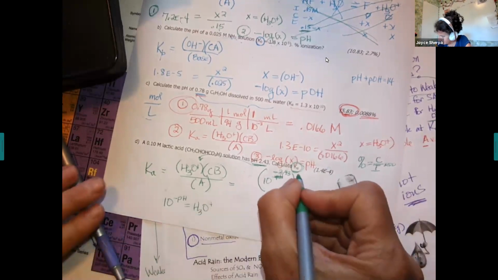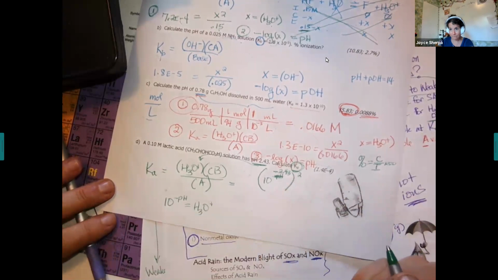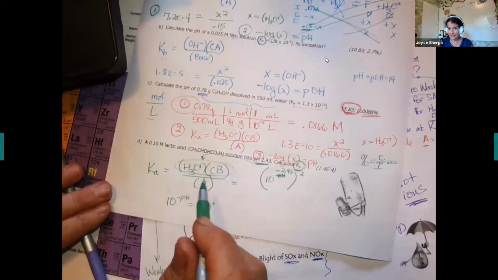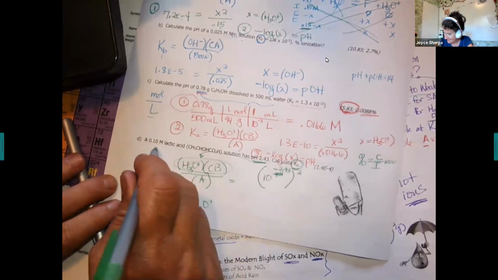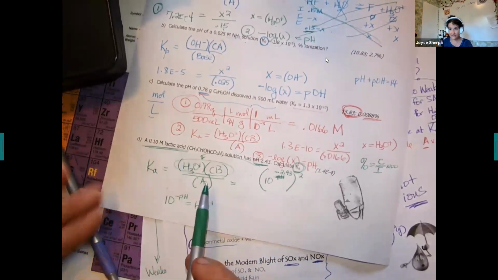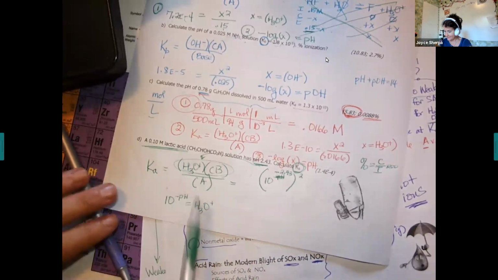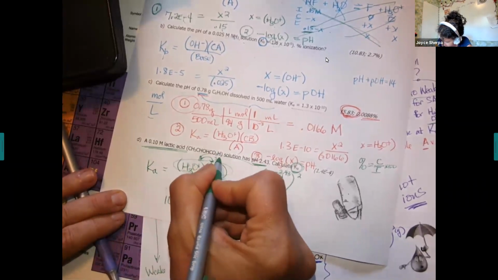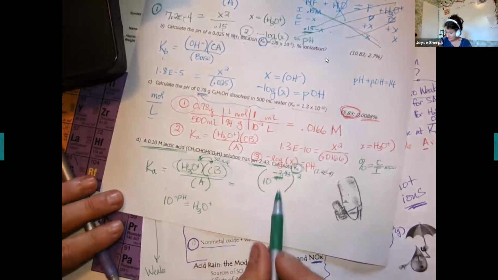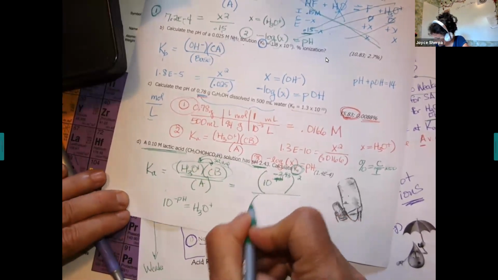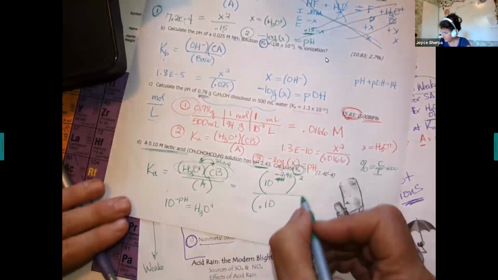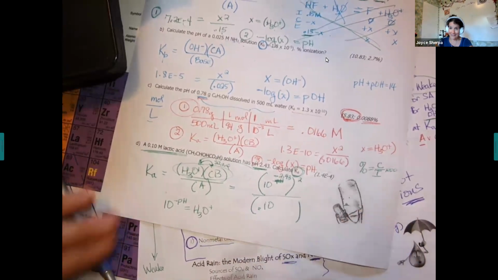You're going to square this number, because these two are the same, because all we have present is the acid. So when it dissociates, these are the same. So basically, this is my X squared, and then my acid is the 0.10 molar. And we would punch that in.